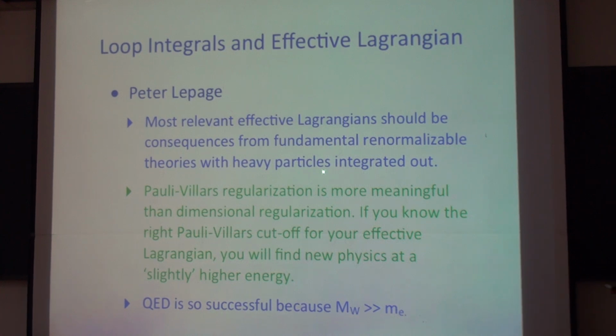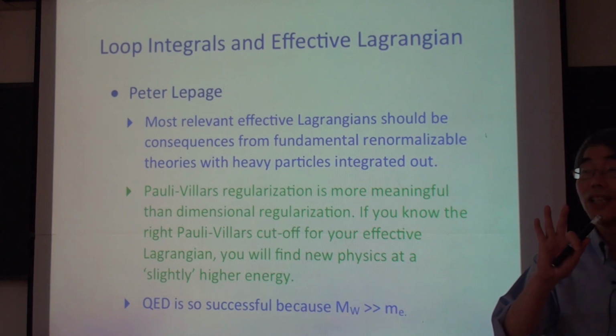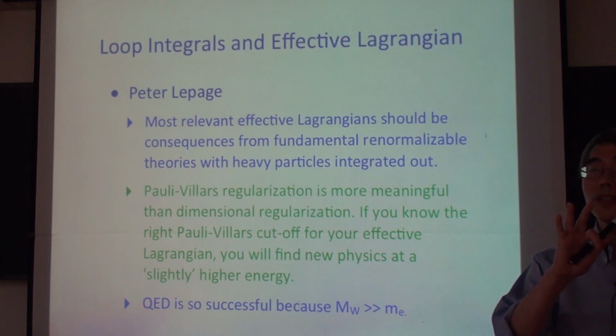Okay, another different opinion about effective Lagrangian I also found fascinating. Peter Lepage used to ask students, give me a reason why QED works so well. Give me a reason why Fermi theory worked so well for a while. For different reasons. QED works so well because me is very small.